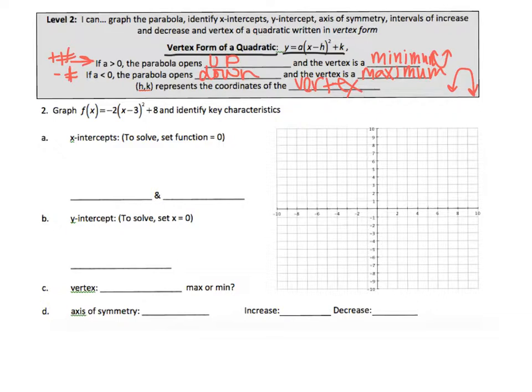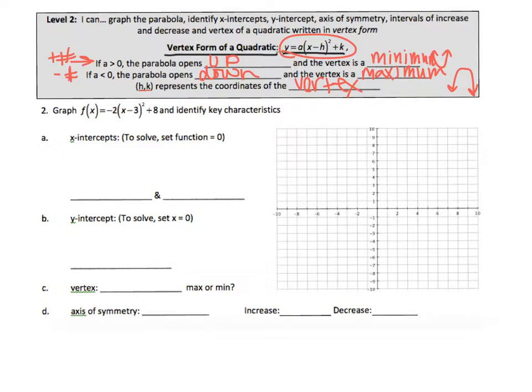First, I always start with the vertex because that means everything falls on either side of that very nicely. So if I have the function negative 2 times x minus 3 squared plus 8, identify the key characteristics. Well, let's start with the vertex because that's a really key point in this function. So if you look at the equation up here, you've got a times x minus h squared plus k.